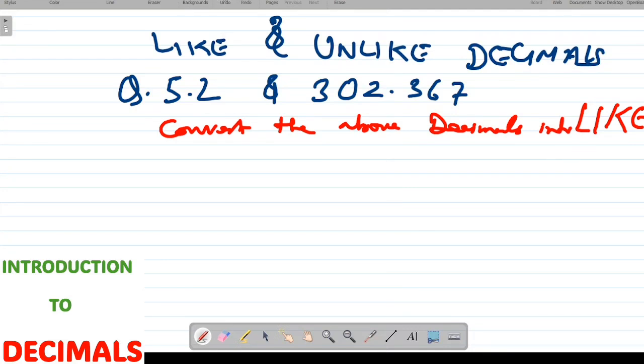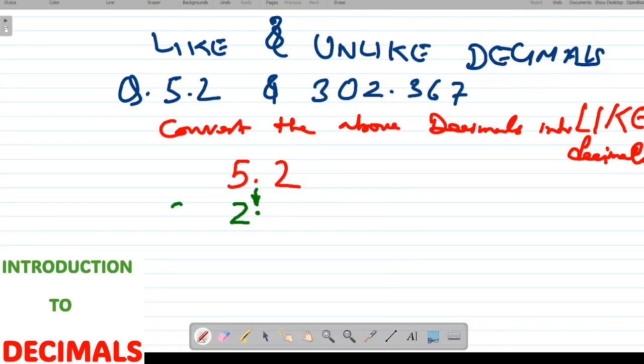So what will we do? Like decimals. 5.2, put it over here. As I said earlier, when you are comparing two numbers in decimals, you should write the numbers in such a way that the decimal comes just below the decimal of the first number.